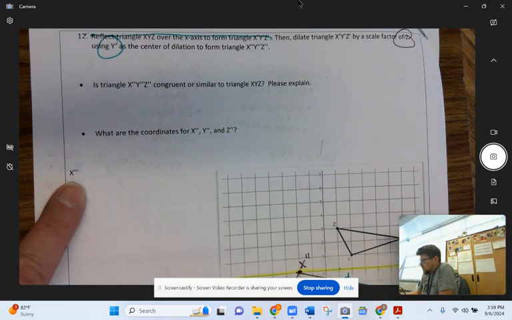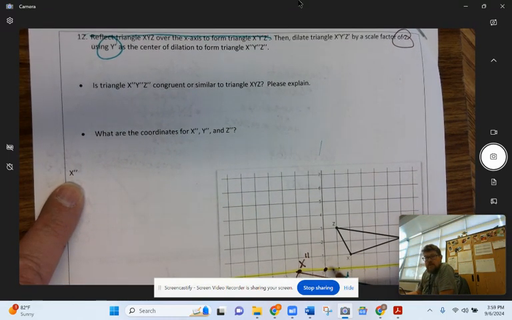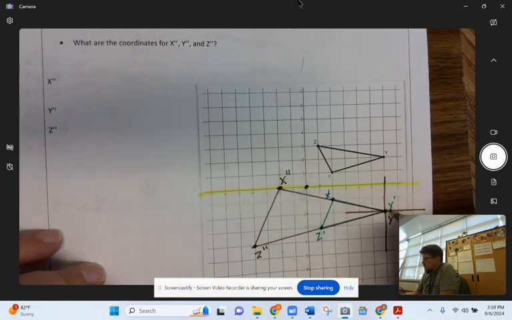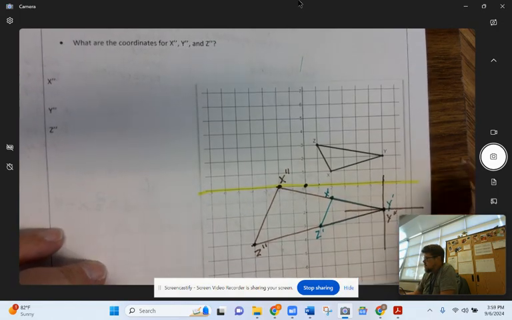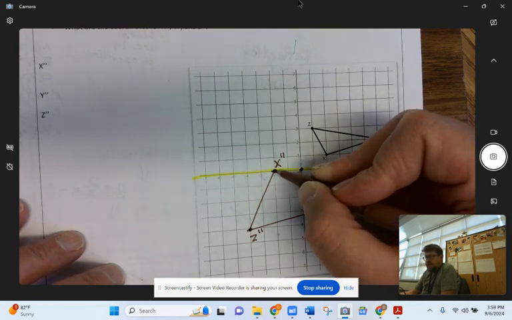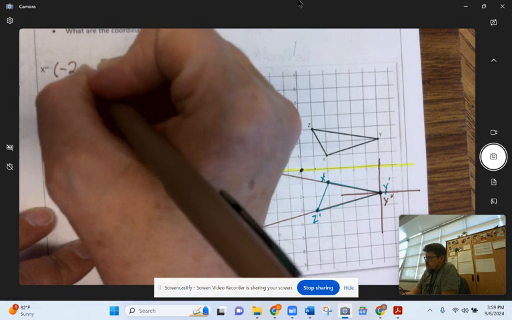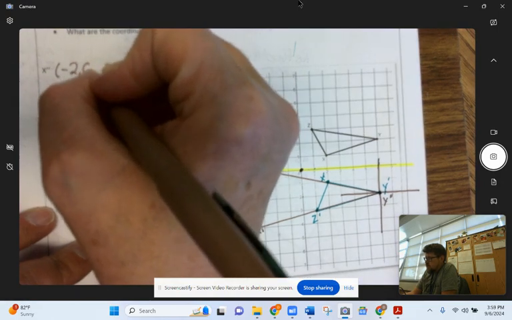So it's asking for the coordinates of the new ones, right? So x double prime from the original origin, not the temporary one, because we forget about this. I should have written that in pencil and erased it. That would have been smart. What are you going to do? So this is -2, 0. The left, since it's going left on the x-axis, it's negative.